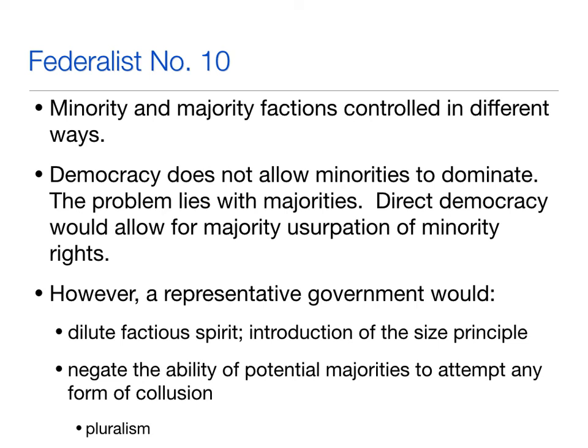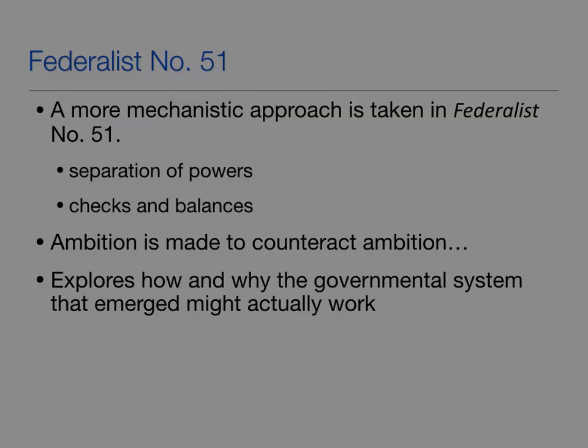So basically what he's saying is that the more factions we have in government, and the bigger the government is, we'll have more and more factions at play trying to pursue policies that benefit them, perhaps at the expense of everybody. But when you have so many factions represented in government, it's impossible to get a permanent majority that is constantly trampling over minority rights. That's basically what he's saying in Federalist 10.